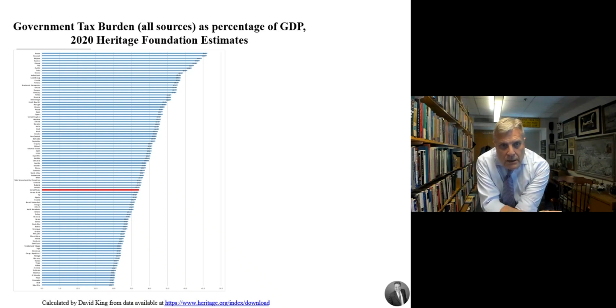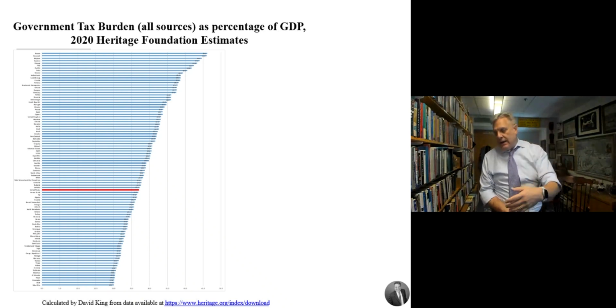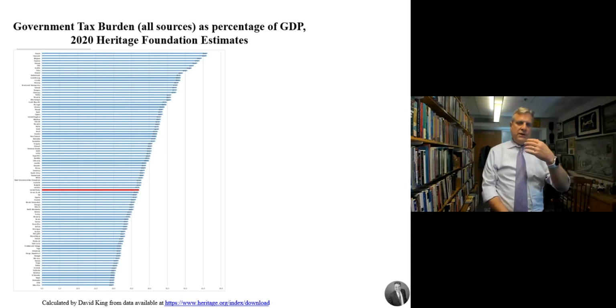And so what you see here is a bit of a snapshot of some of these countries. It gives us the percentage of the gross domestic product that goes towards government, the tax burden, at all levels of government. So it's user fees, it's a value-added tax, it's the gas tax, it's your income tax.